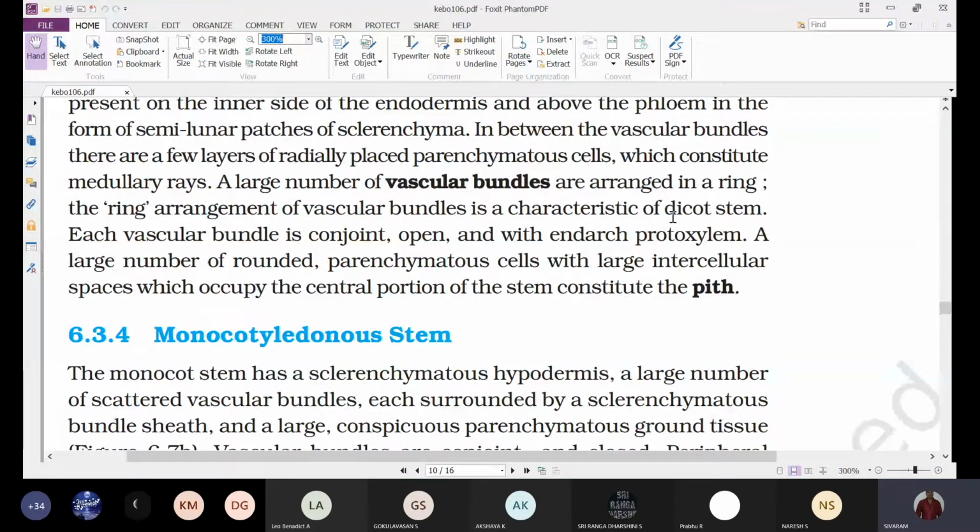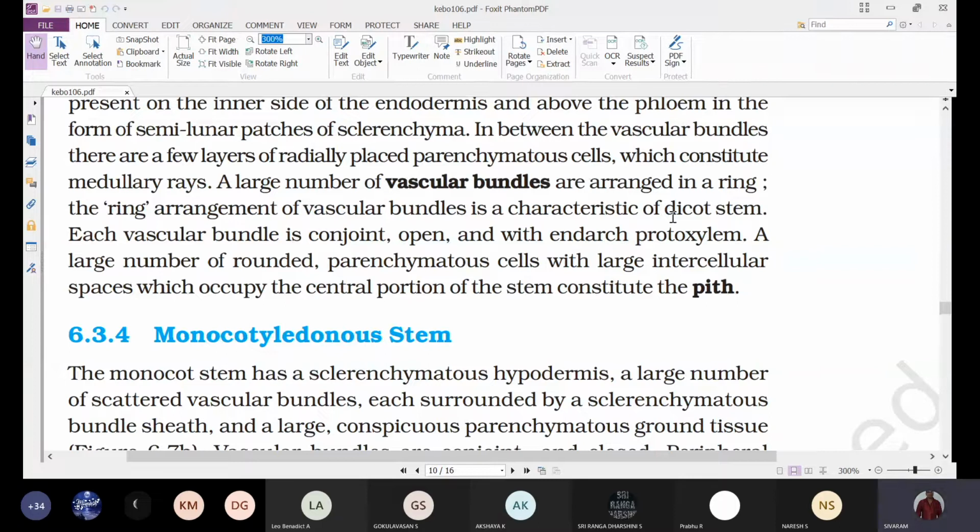But in the dicot stem, we can observe very clearly that the vascular bundles are arranged radially, that means in a circle, which is the characteristic feature of the dicot stem, because the dicot stem shows secondary growth because of the presence of cambium.